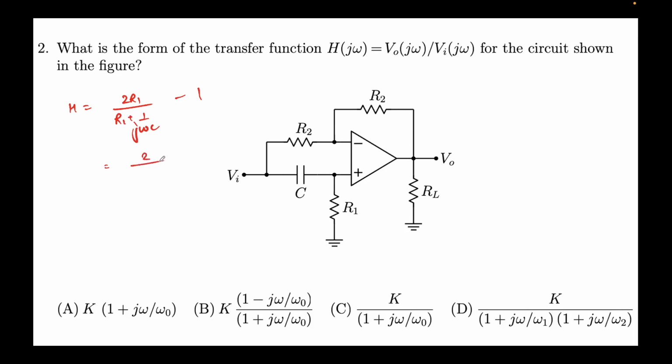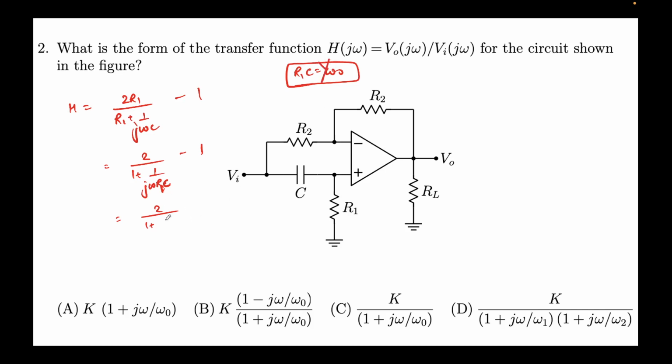So it will be 2 upon 1 plus j omega R1C, minus 1, right? And I'm defining 1 upon R1C as omega naught, because R1C is in units of time.